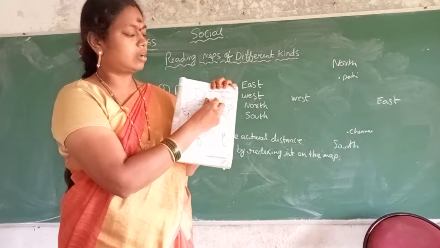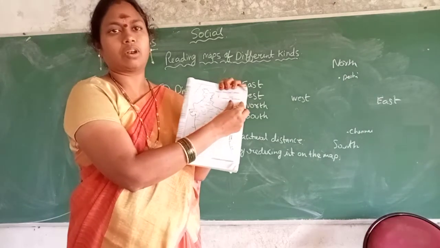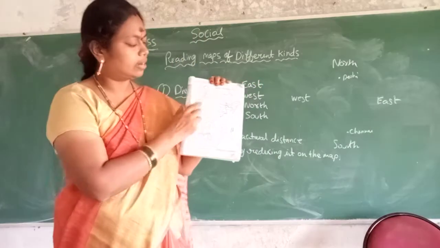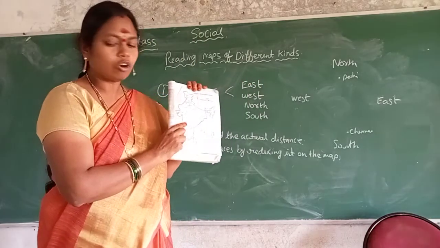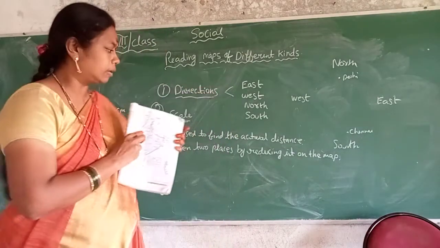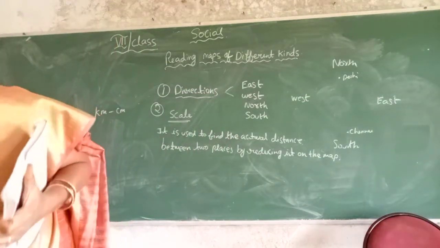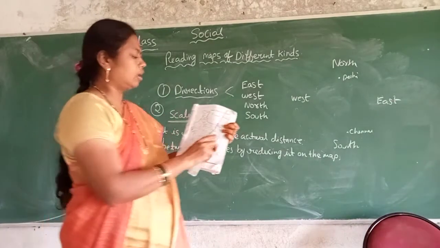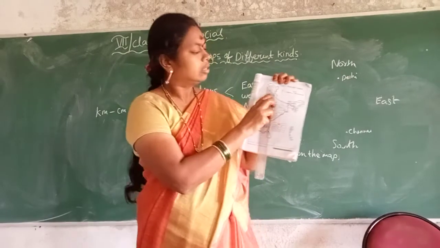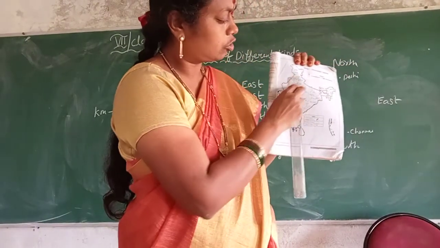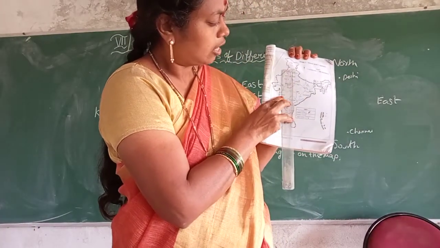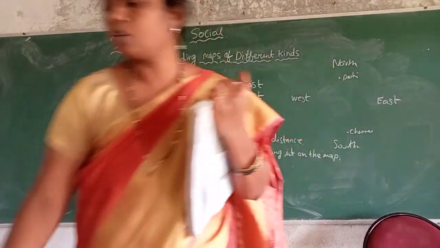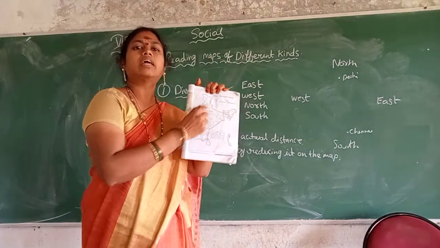If you want to calculate the distance between Delhi and Chennai, you take a scale and measure from the point Delhi to the point Chennai. It is almost 10 centimeters.